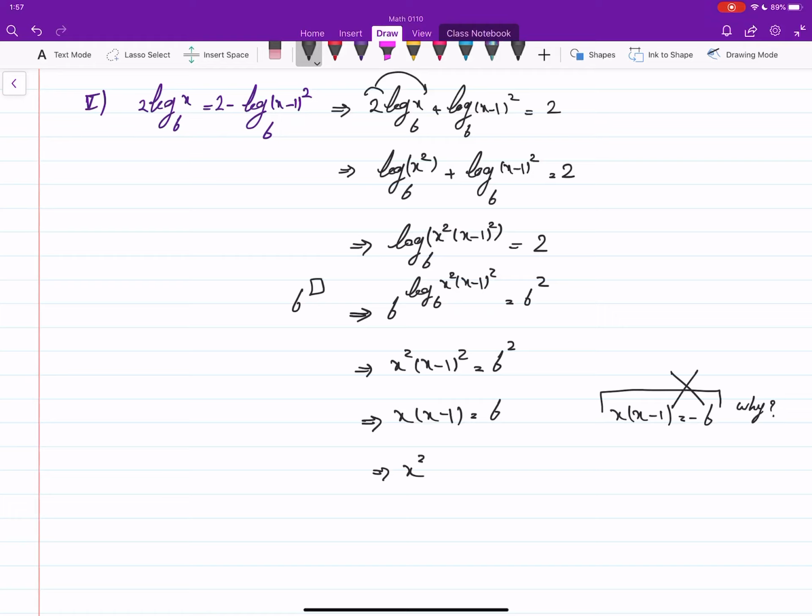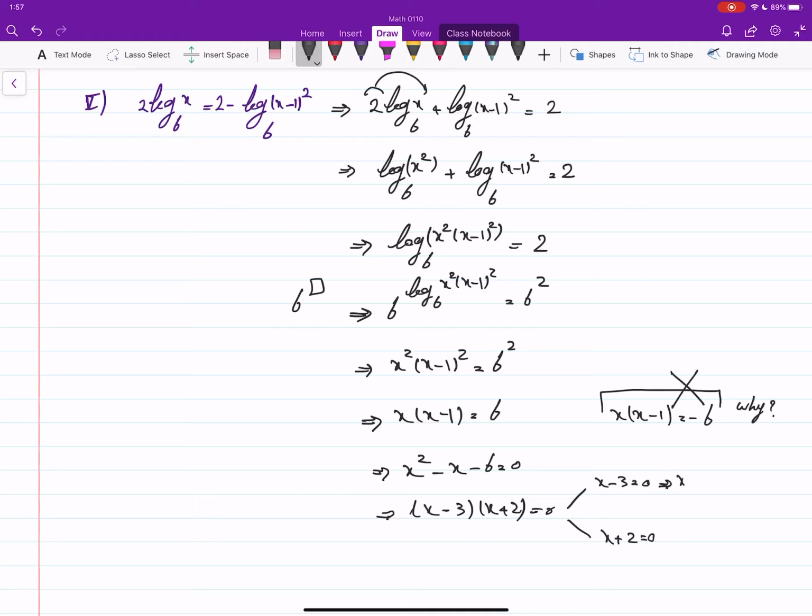For this one, x squared minus x minus 6 equal to 0. This is quadratic. This is x minus 3 times x plus 2. Yes, I guess so. Then from here we get x minus 3 equal to 0, or x plus 2 is equal to 0.